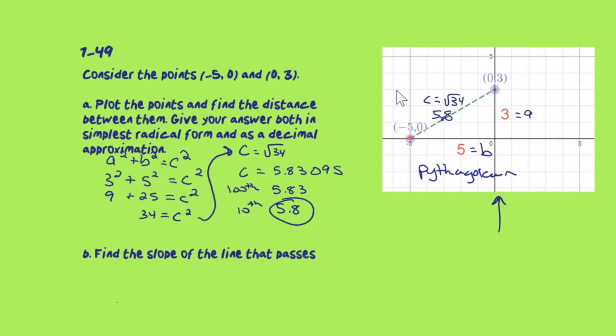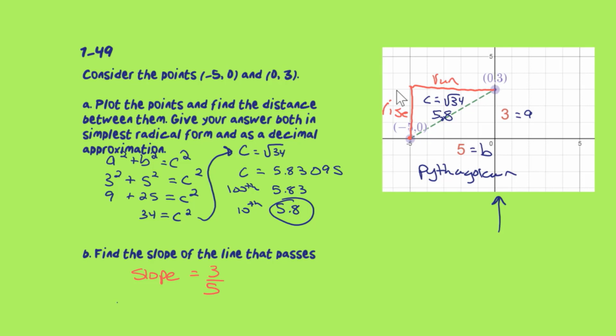So let's go up 3 units, and then let's go over 5 units. Rise over run. So our slope equals 3/5.